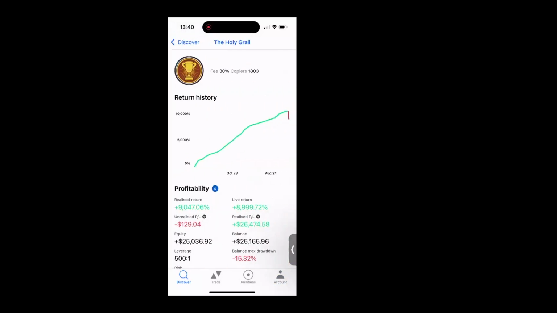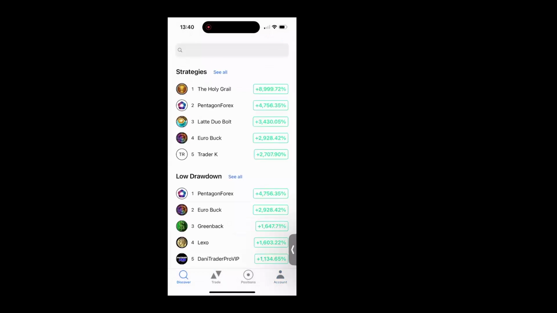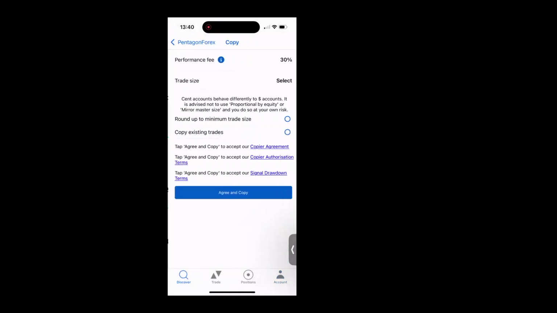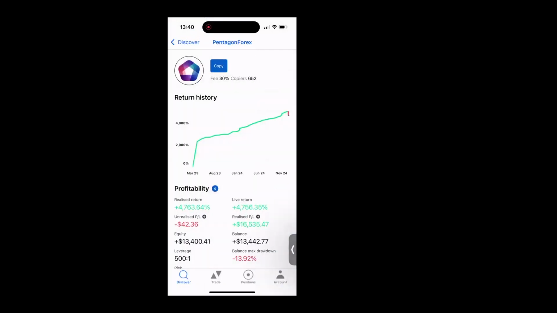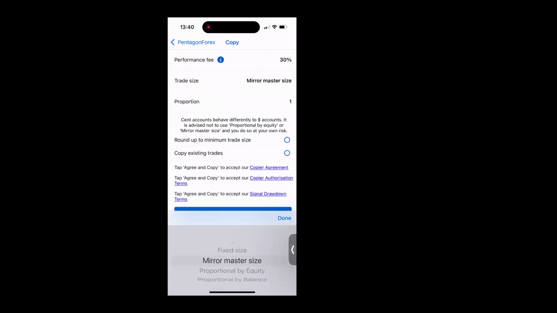And even if you don't fund your account as highly as the signal providers do, we've got mechanisms here to account for it. For example, say he's got 13,000 equity. Maybe you don't want to copy his exact mirror master size, or do big trades like he would.